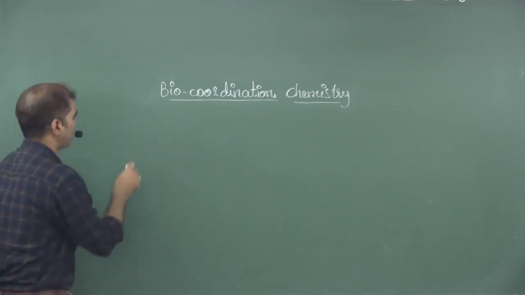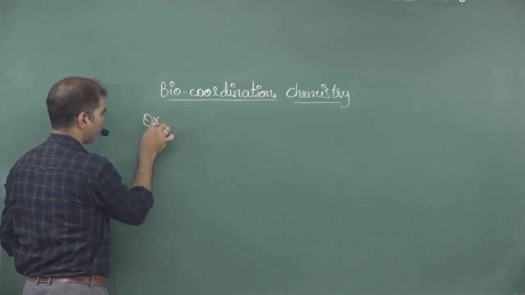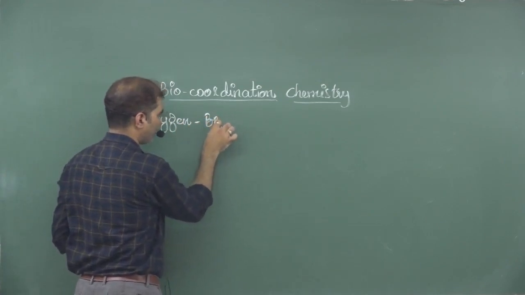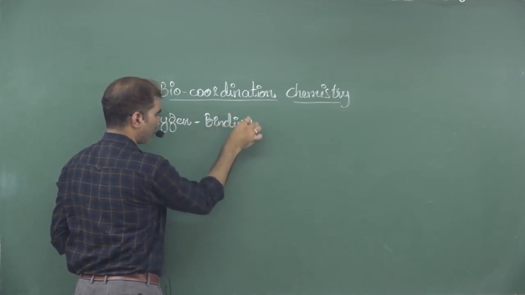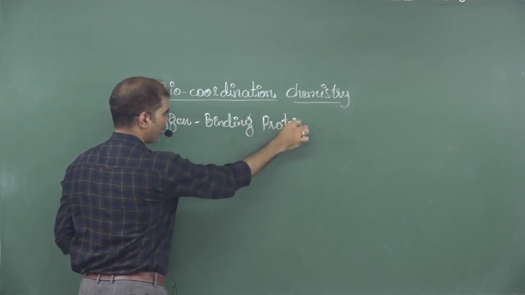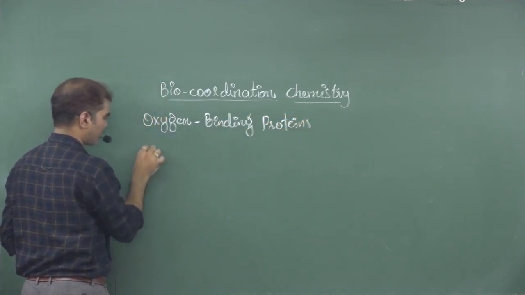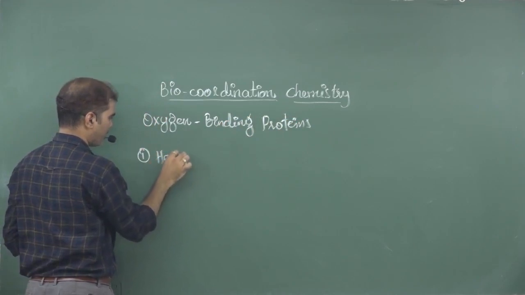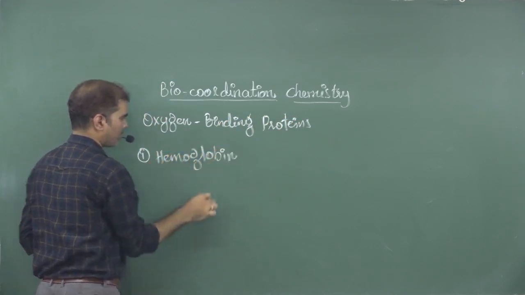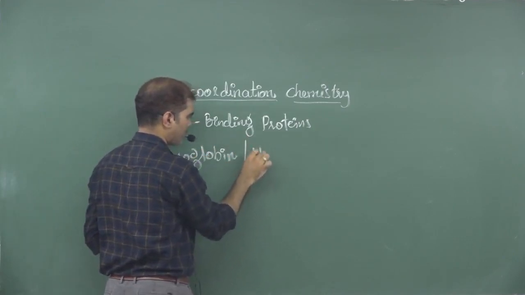Okay, so now we will start with oxygen binding proteins. Today we will begin with hemoglobin. What are the different oxygen binding proteins? You may write down. Hemoglobin, we also abbreviate it as HB.